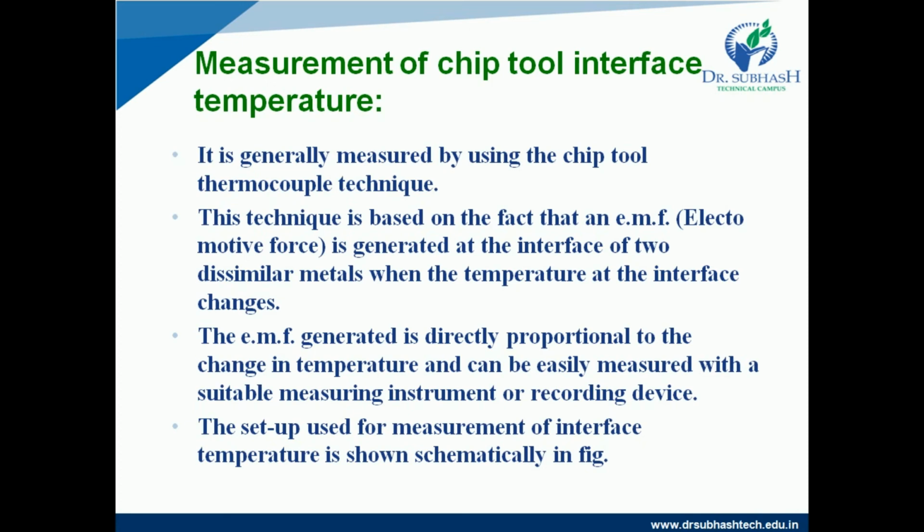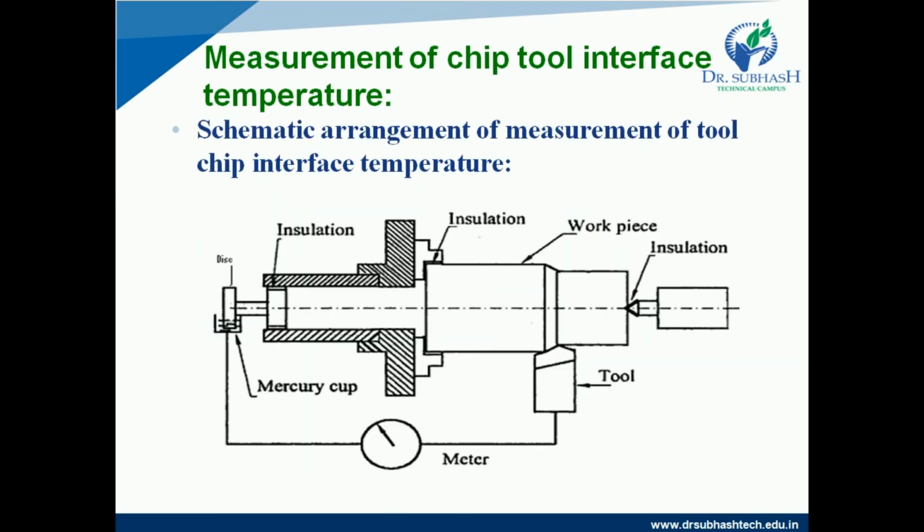The contact point between the tool and chip represents the hot junction. You can see in the figure, while the ends between the job and tool are assumed to be far away and constitute the cold junction. So that decides the hot and cold junction.